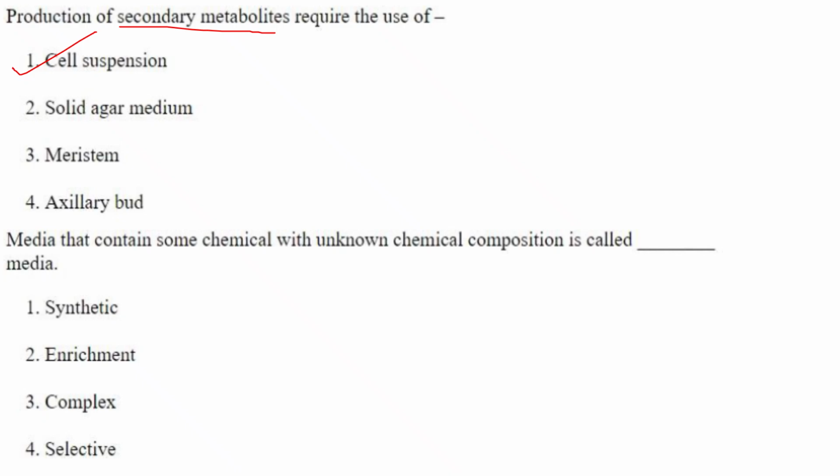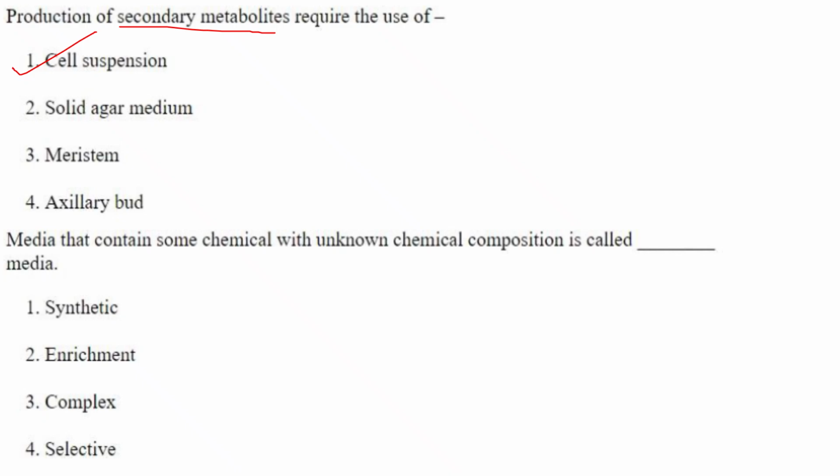This agitation provides a uniform environment to all the plant cells, as well as oxygen and nutrient availability for their rapid growth, and also for extraction of the secondary metabolite. Whereas solid agar medium cannot be used. Meristem culture is mainly for micropropagation, and axillary bud culture is also for micropropagation.